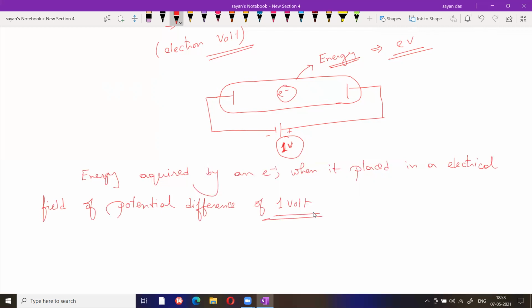Okay. Any doubt regarding this part? This part is clear. So what is eV?